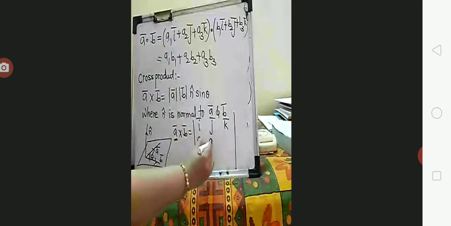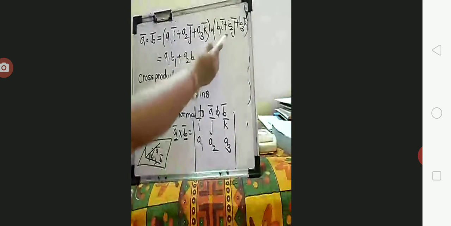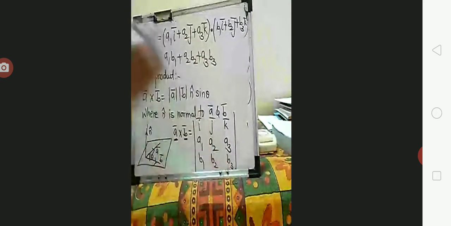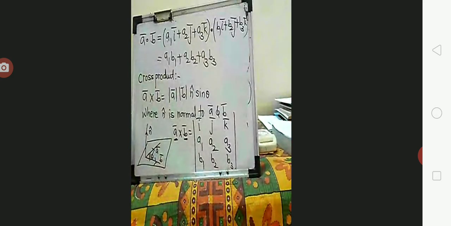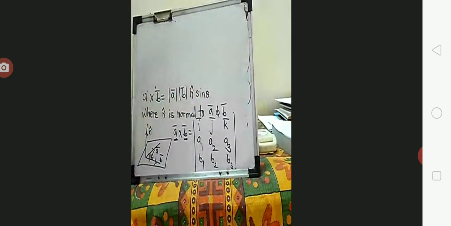Then we write the components of B bar, that is B1, B2 and B3. Now we can find the determinant of this, and that way you can calculate the cross product.